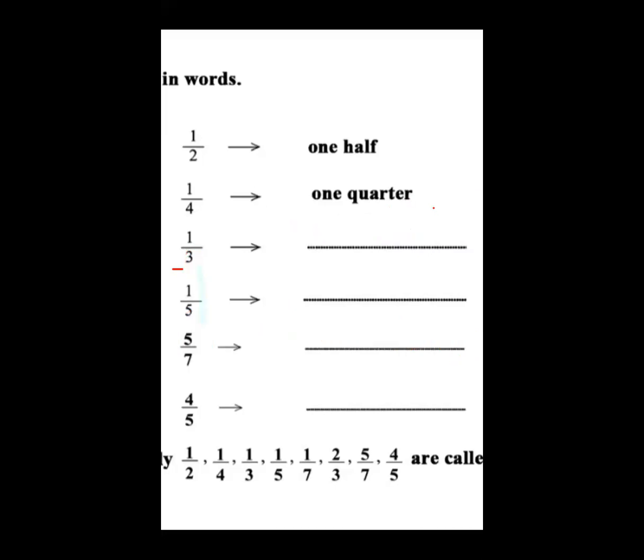Let me know how we can write this one. 1 over 5. How can we write this? 1/5. Excellent. So how can you write this one? 4 over 5. How can we write it? 4 fives?